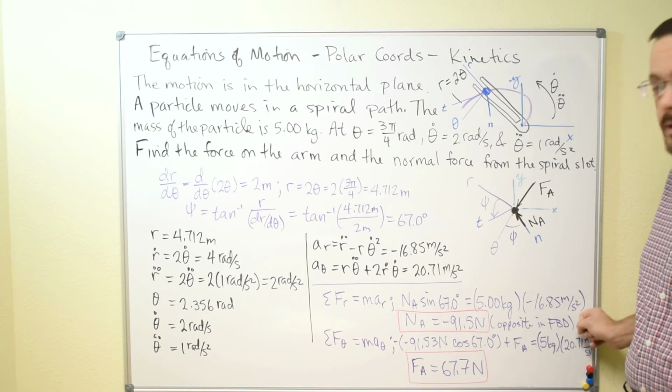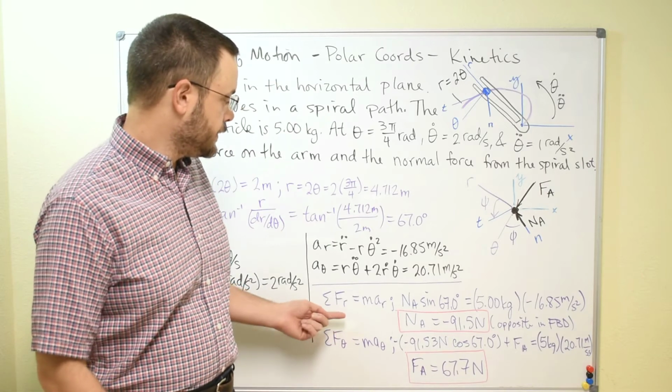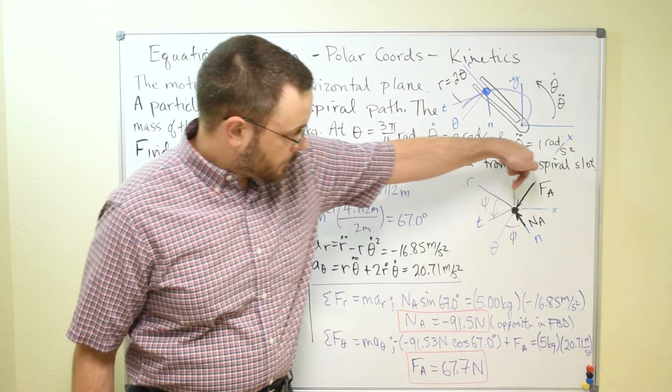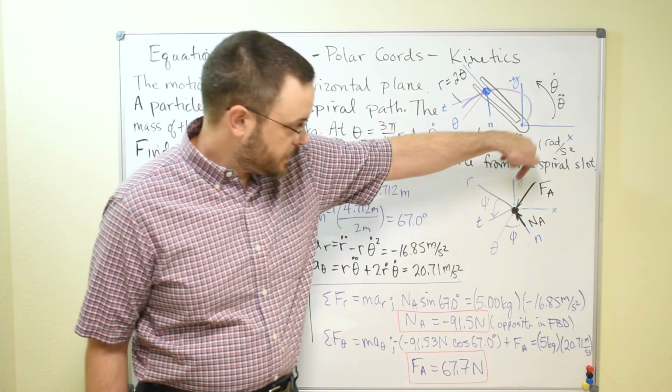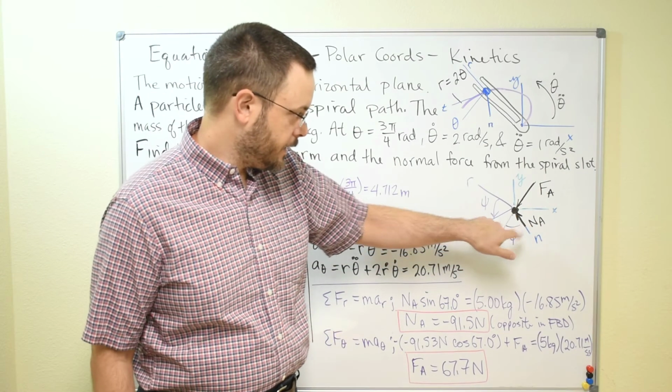And then finally we can do our sum of forces. So we're going to do sum of forces in R. And so in R, FA only goes in the theta direction, so FA has no R component. The only force that has an R component is NA.